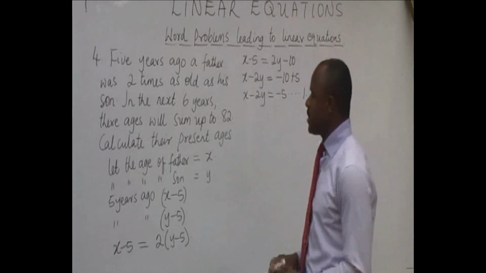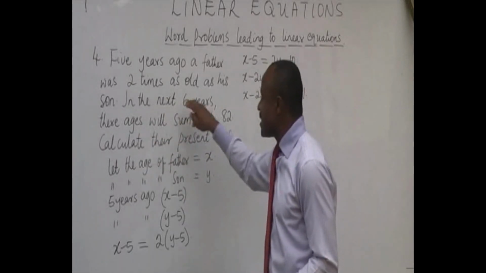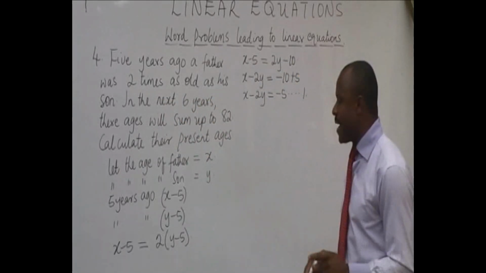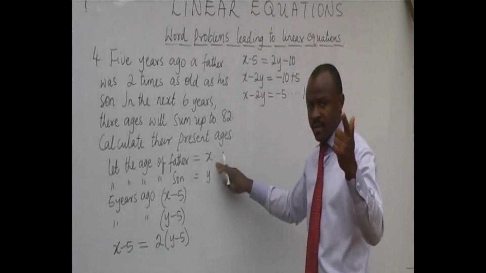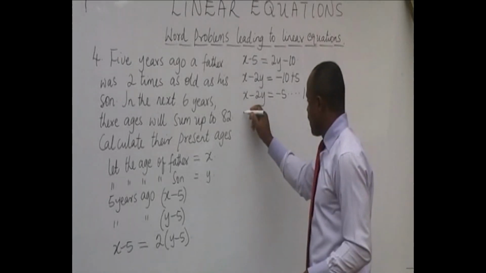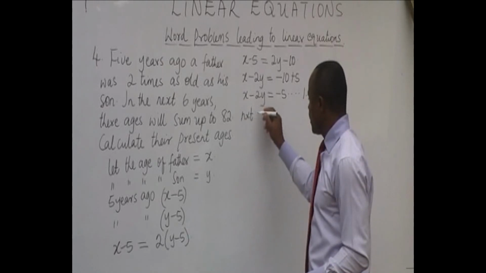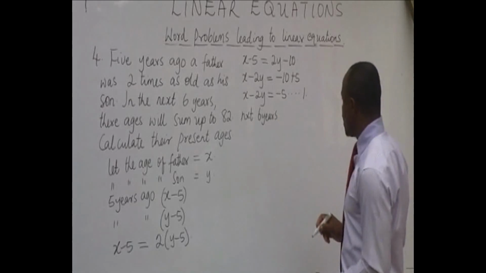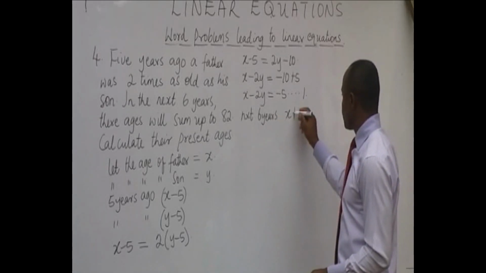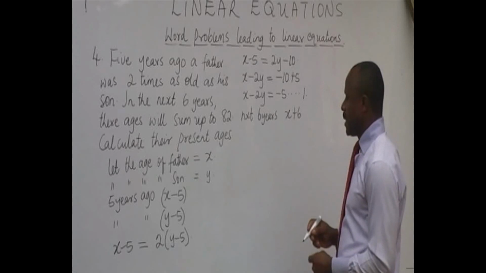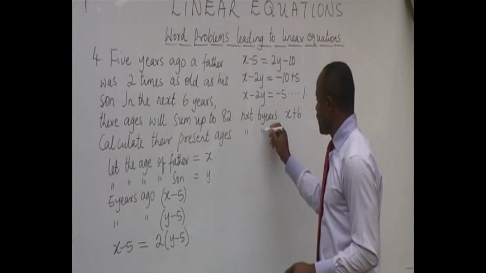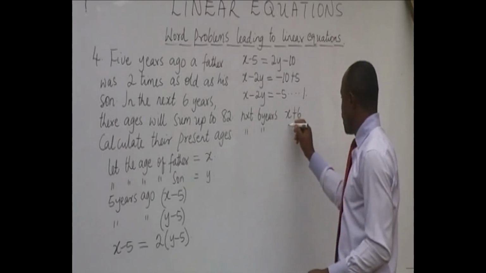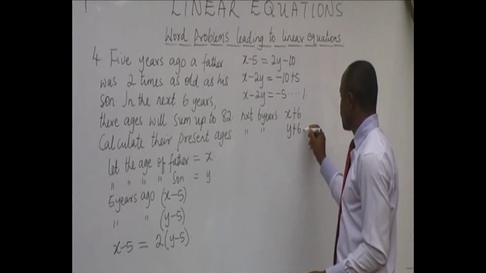Then let's go to the second sentence. In the next 6 years, the age of the father is going to be X plus 6. Also, in the next 6 years, the age of the son is going to be Y plus 6.